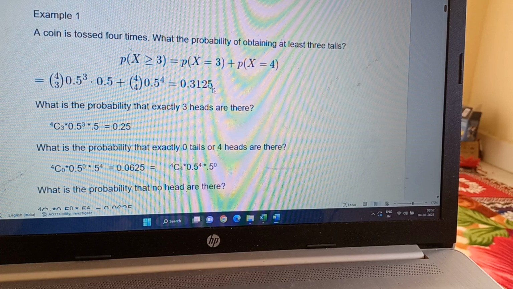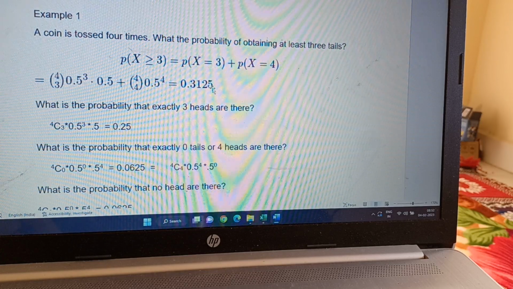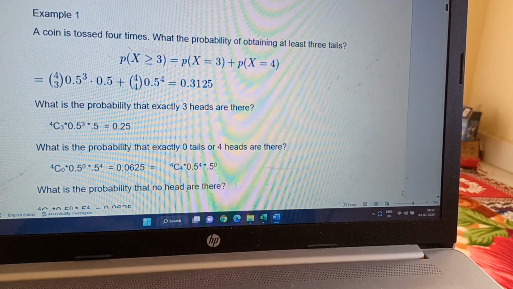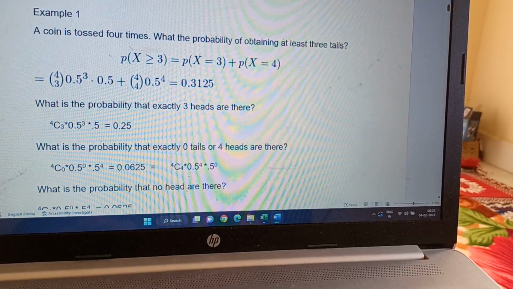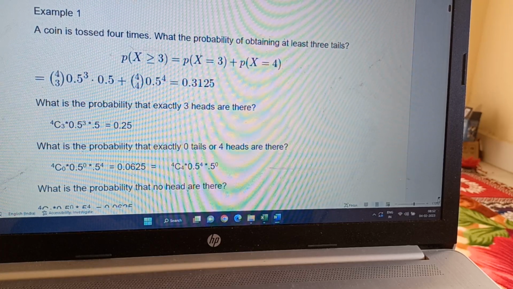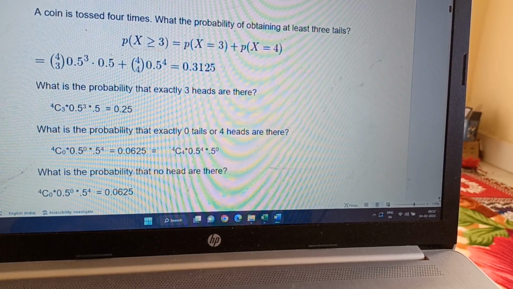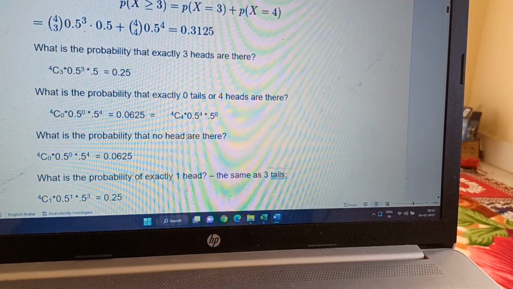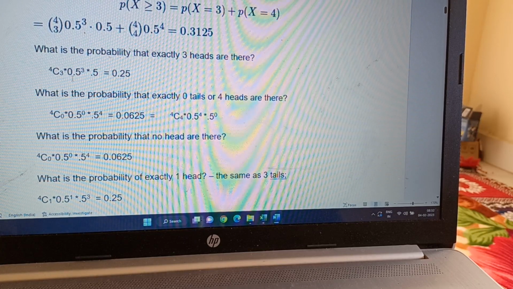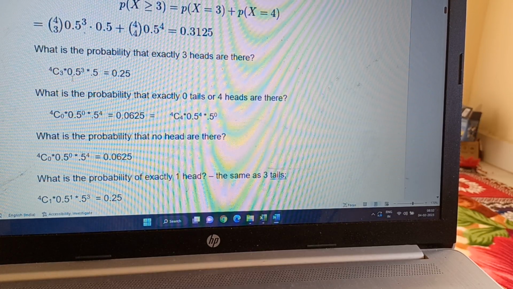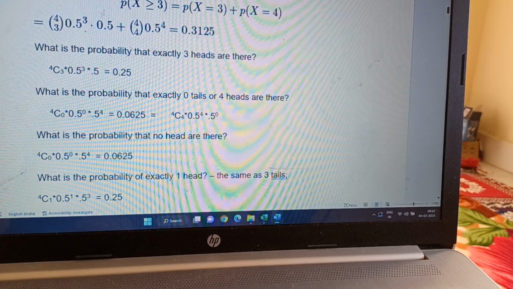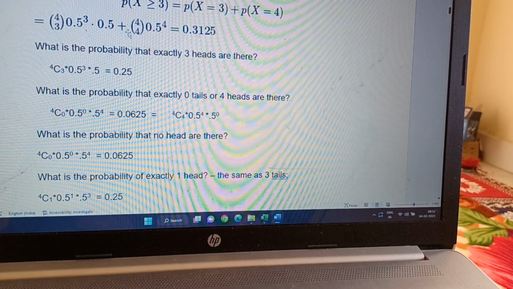Now I go to the next question, so that you are able to master this distribution. It asks what is the probability of getting exactly 3 heads. Earlier I discussed 3 tails, and 3 heads will be the same because the number of trials n is fixed at 4 and the probability of both head and tail is equal.